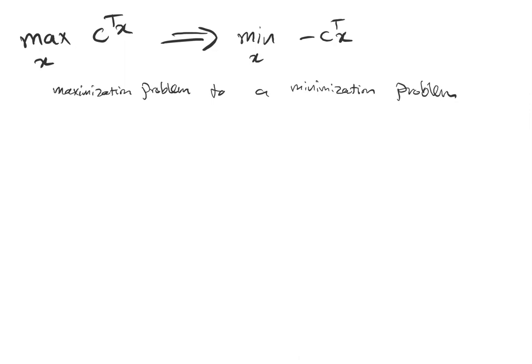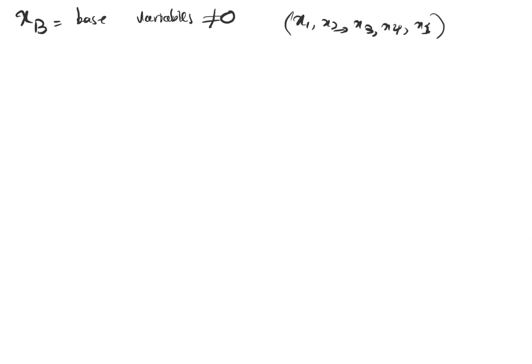All right, so before starting the simplex solution algorithm, I want to talk about the base variables. So we define xb as the base variables which are non-zero. Let's say you have x1, x2, x3, x4, and x5 as your variables.